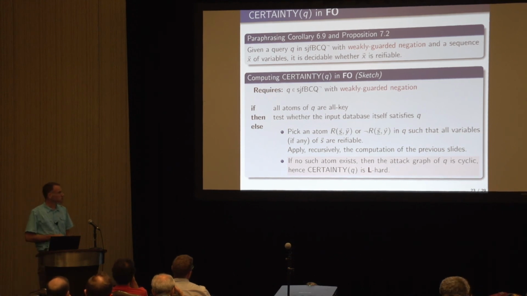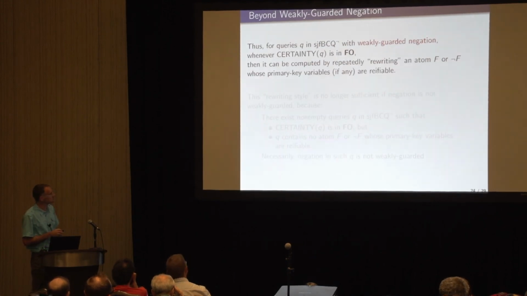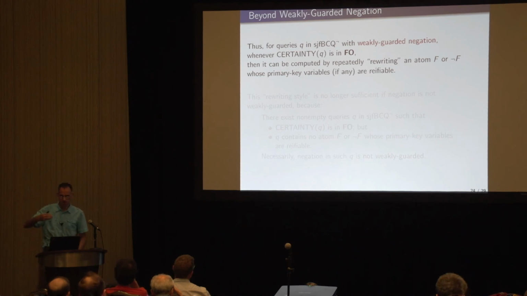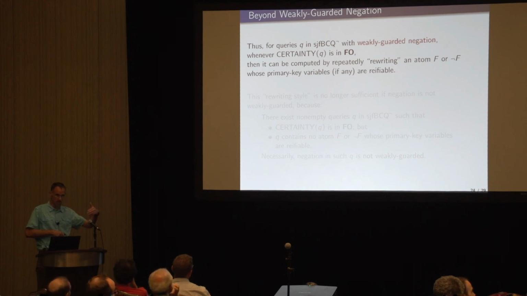To summarize, if you have queries with weakly guarded negation, then whenever certainty Q is in FO, you have a very nice rewriting style where you pick repeatedly an atom or a negated atom whose primary key can be reified. You have an existential quantification, and then you have a universal quantification that runs over all the tuples of the block, right?